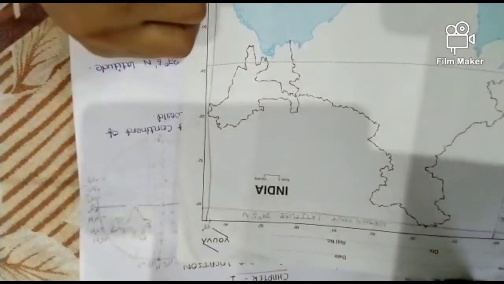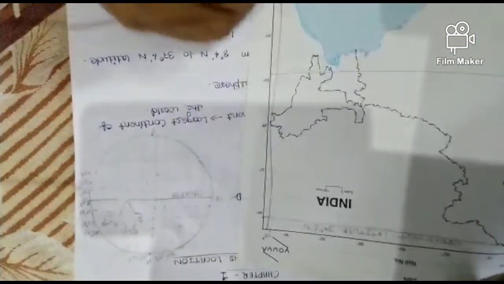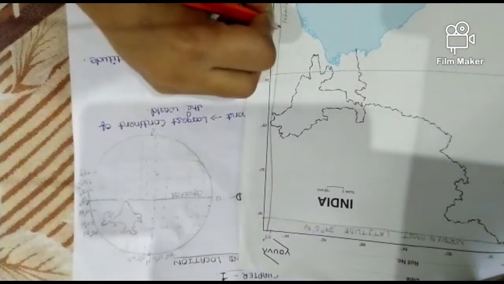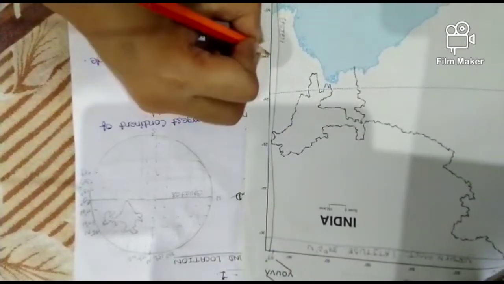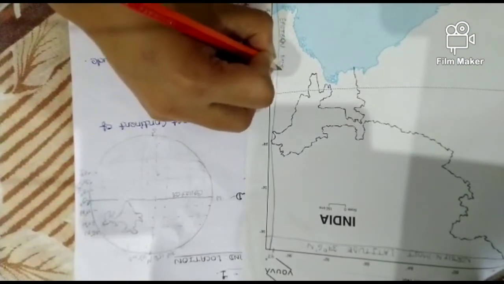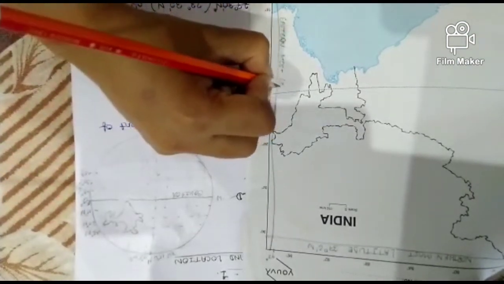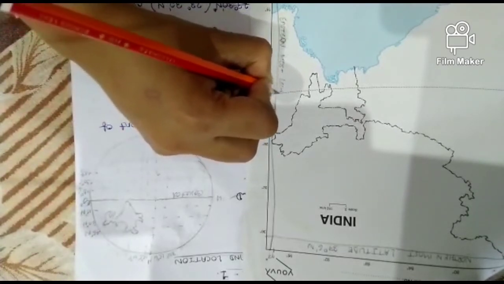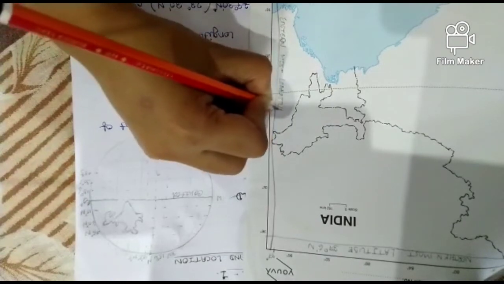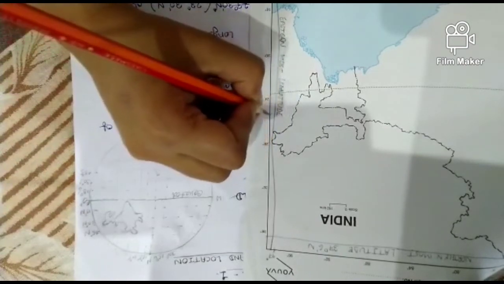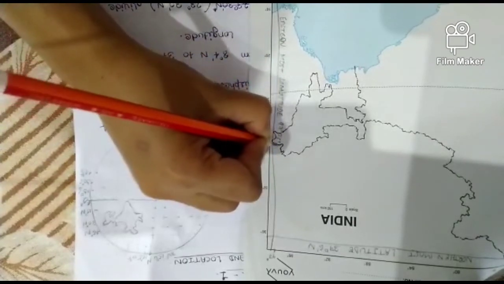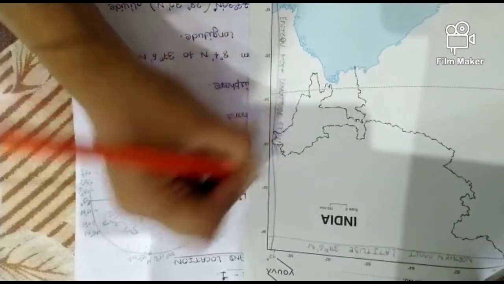This is the easternmost longitude (97 degree 25 minute east).